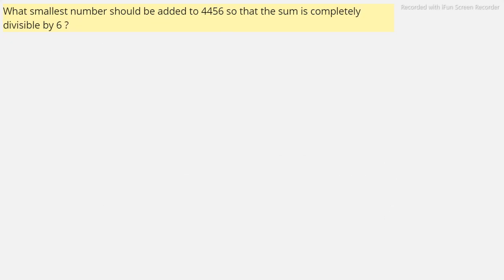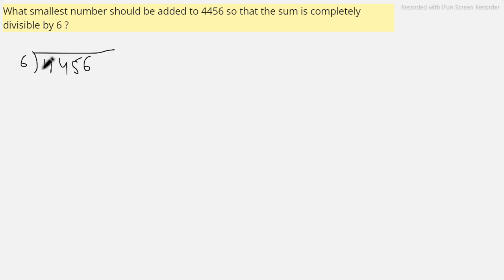So the next question is: what smallest number should be added to 4456 so that the sum is completely divisible by 6? So first we try to find the remainder.